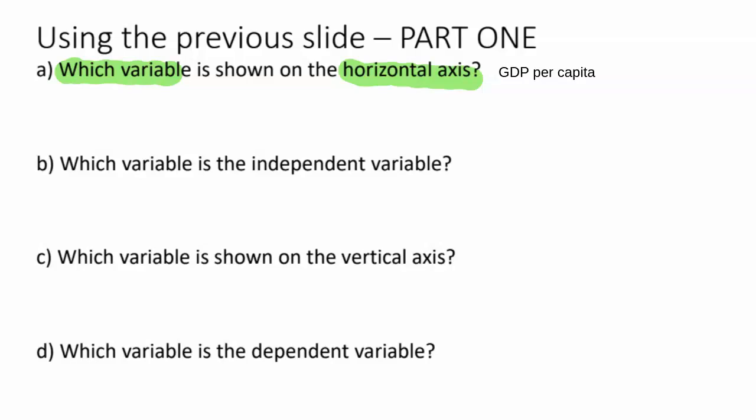Well, it's asking you the same question. The independent variable is my X, and that X is the GDP per capita. Now you're going to say, well, why didn't they just say that in the same line? Well, A is talking about the label, and then B is talking about what am I going to use that horizontal variable as. It's going to be my X.